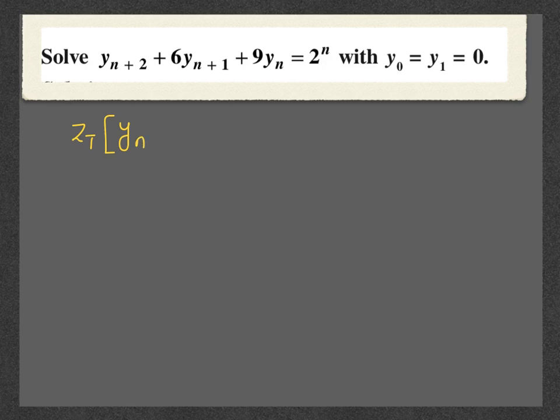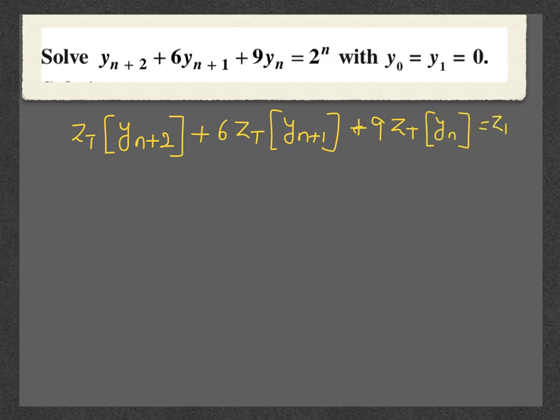We take the z transform of y n plus 2 plus 6 times the z transform of y n plus 1 plus 9 times the z transform of y n is equal to the z transform of 2 power n.